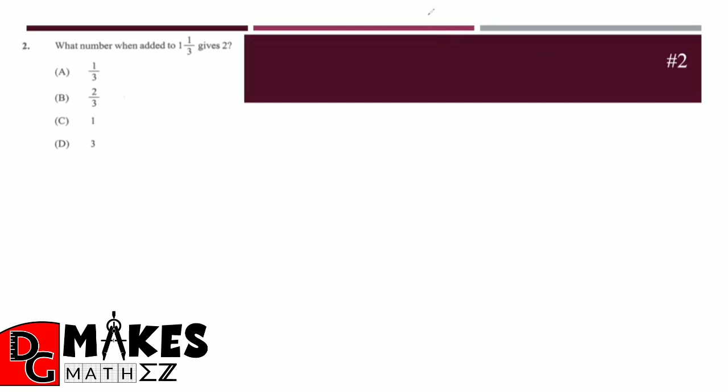You can also say that if I subtract 1 1/3 from 2, then I should get my answer. But anyway, let's translate what they just said and write it down. What number, when I add it to 1 1/3, let's call it x, gives me 2.